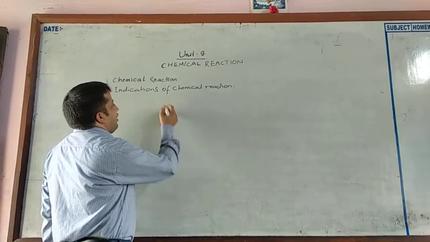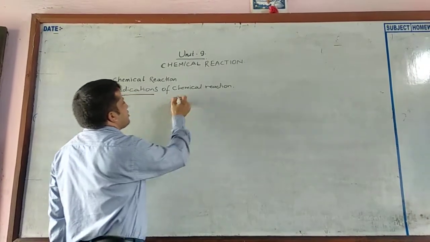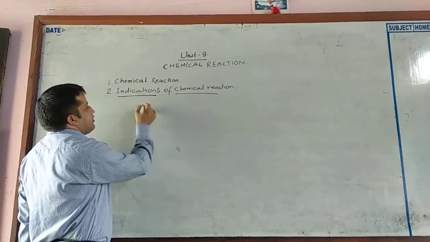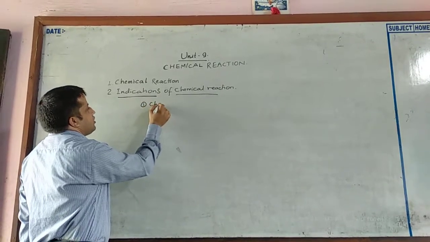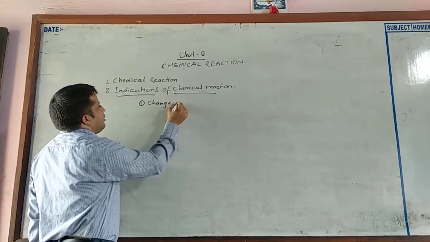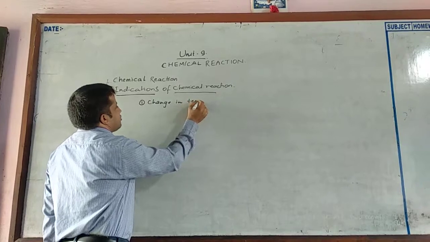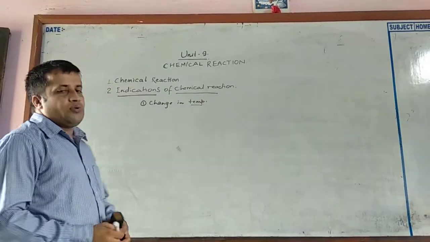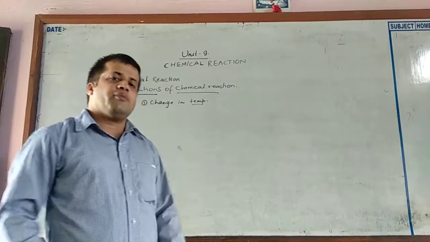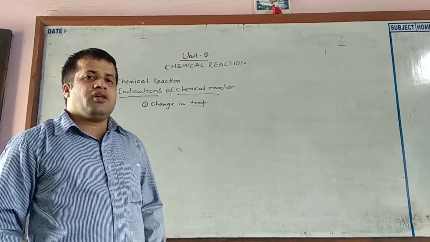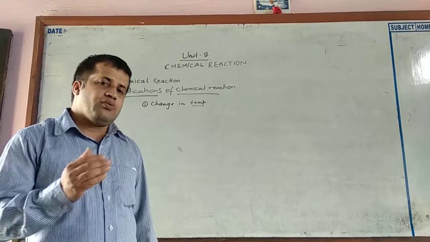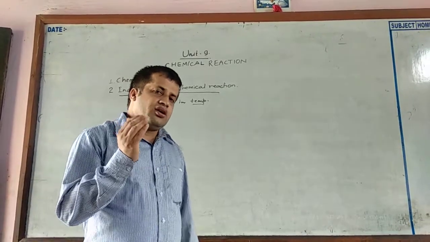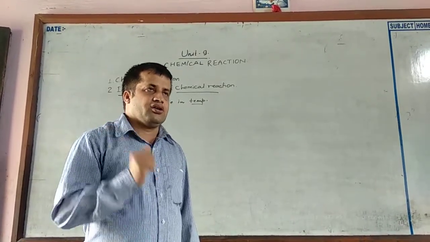So the first indication is whether there is a change in temperature or not. If there is a change in temperature, then we can say that a chemical change has occurred.